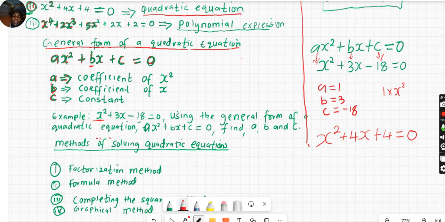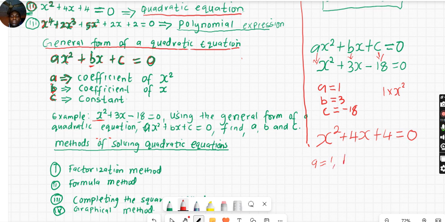In this question, a is always the coefficient of x squared. Remember, coefficient is the number that is attached to a variable. When you can't see any number, it means there's an invisible 1 there, but we don't write it. So our a is 1.